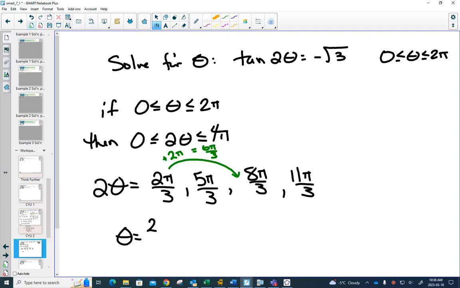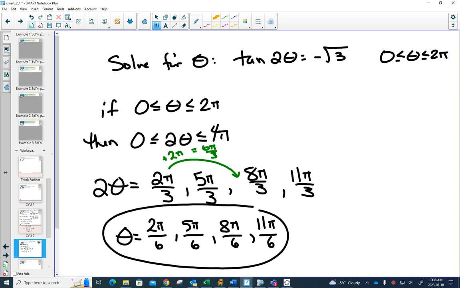So I would get 2 pi over 6, 5 pi over 6, 8 pi over 6, and 11 pi over 6. You could reduce those if you wanted, but you don't need to. And these would be the solutions between 0 and 2 pi.